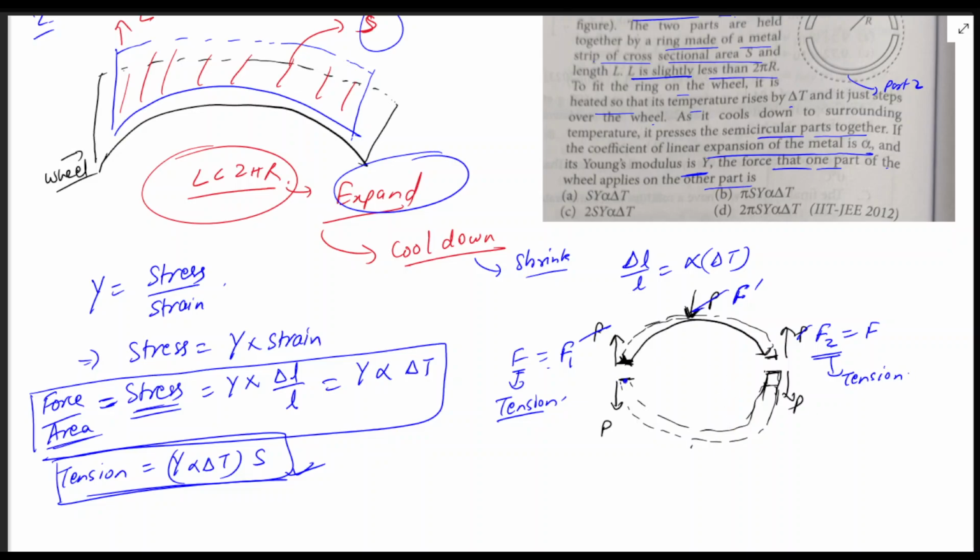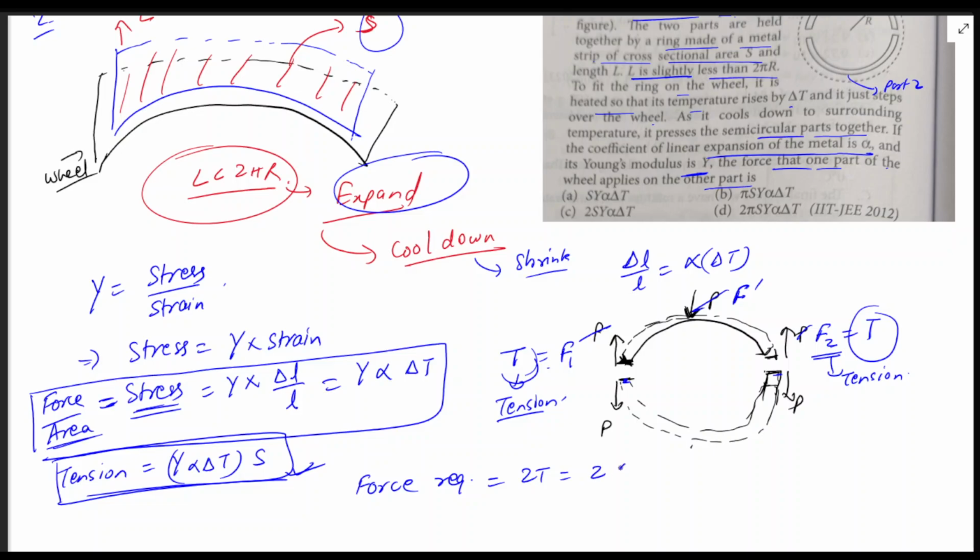So let me write it as T. Let's say this is T and this is also T. Now, how much tension do this part and this part apply on this wheel? It is actually 2T. So the force required will be 2T.